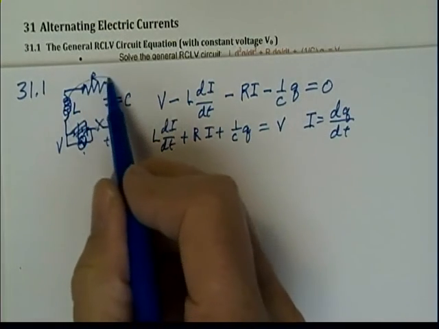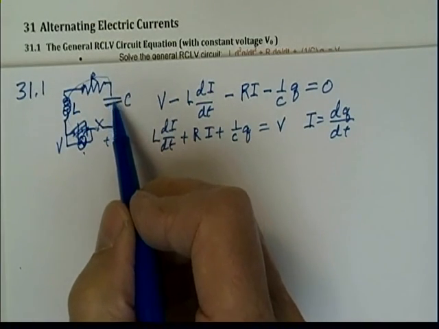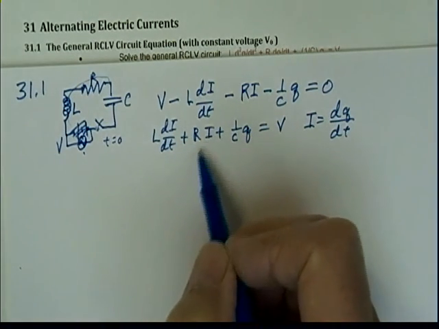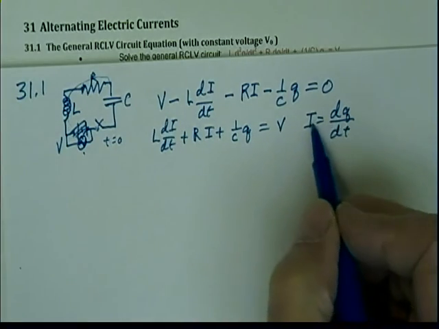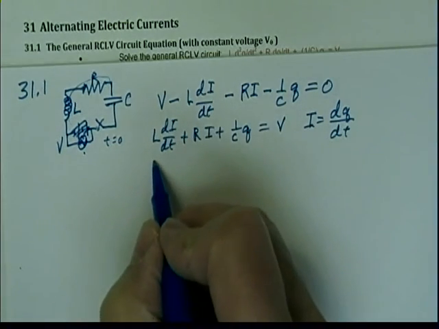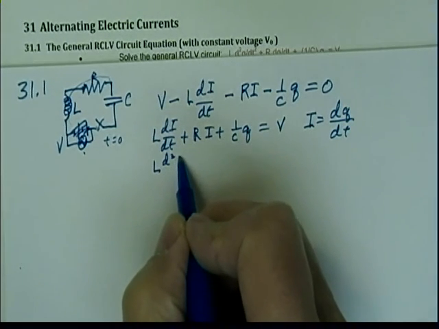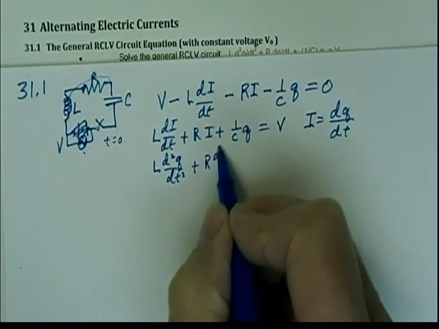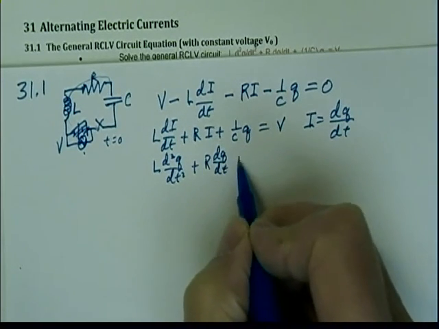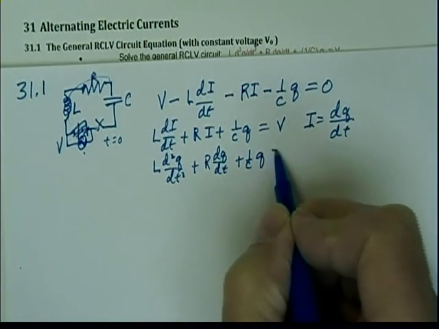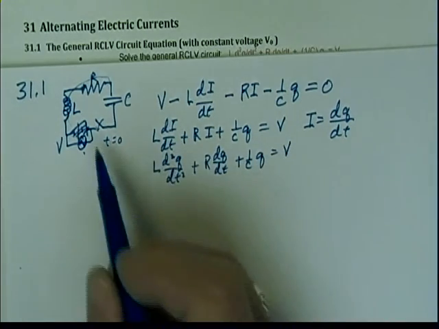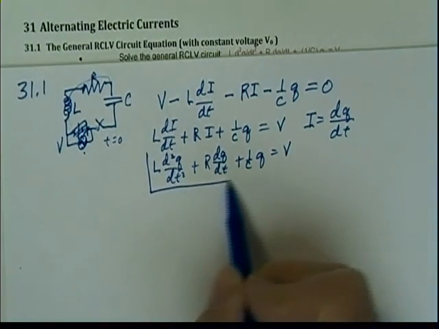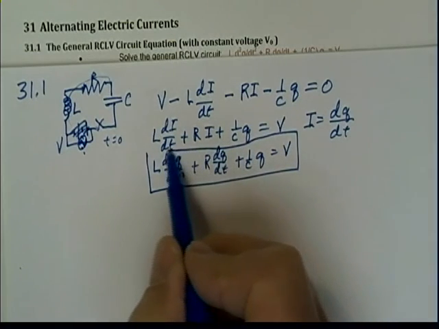As the current builds up on this capacitor, the increase in charge on the capacitor is due to the current. So we can replace I by dq/dt, and we get the equation L times the second derivative of Q with respect to t, plus R times the first derivative of Q with respect to t, plus 1 over C times Q is equal to the voltage. That's true whether the voltage is a constant battery or an alternating voltage. This is the equation that we now need to solve.